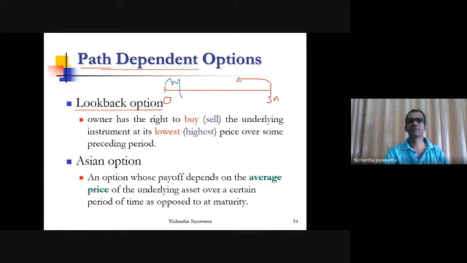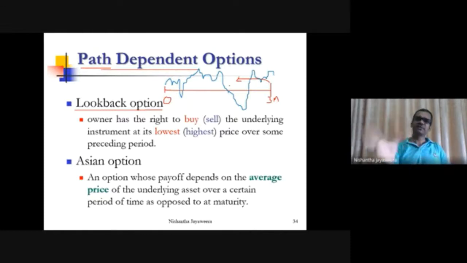Price might have gone up, down, something like this. During the 3 months period, this is the price movement. You look back and decide the strike price, depending on the historical price movement.